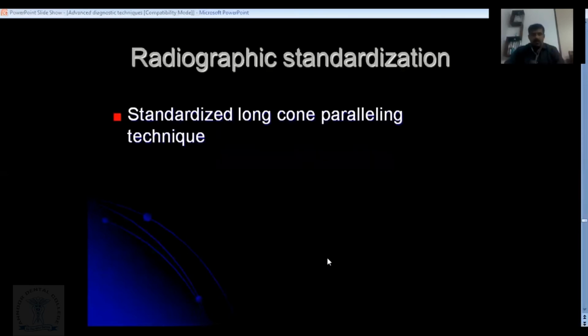For standardization, one thing is, you have different techniques by which you can take a radiograph, especially IOPA. You can have a technique which is known as the bisecting angle technique, and then you have the long cone parallel technique. In the bisecting angle technique, you place a film close to the tooth, and there will be an angle formed between the film and the tooth.